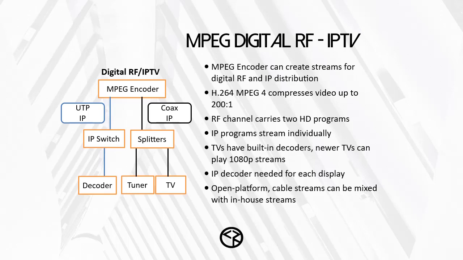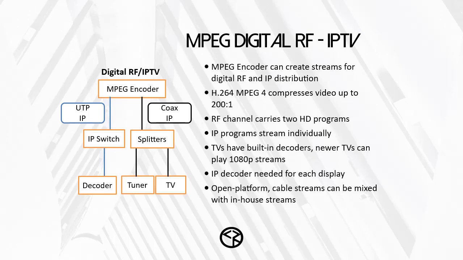The one big advantage about MPEG distribution is that it's open platform, so that you could have MPEG 4 streams coming from the cable company that you pay for per month. They can be distributed through RF and IP, and you can also mix in in-house streams. The point is, these standards are very open platform, not really proprietary as we saw in IP switching.